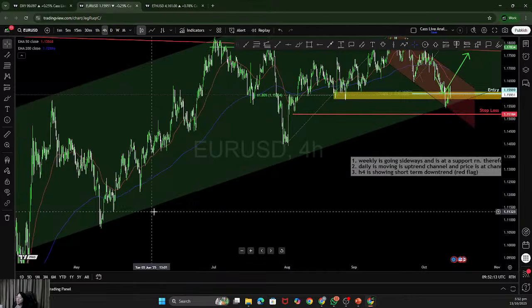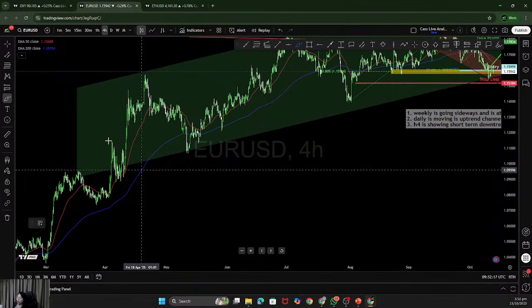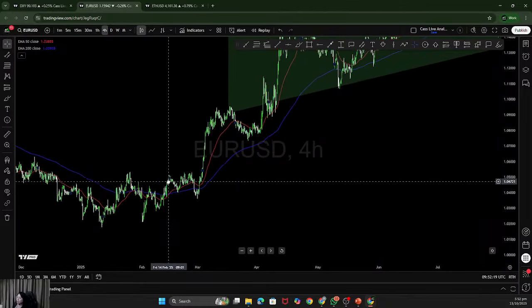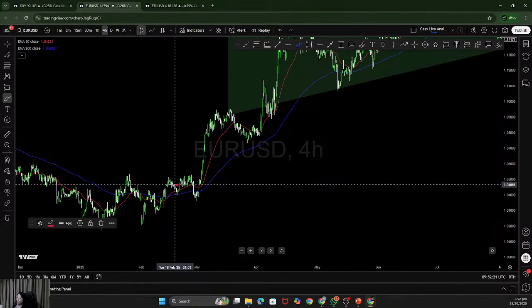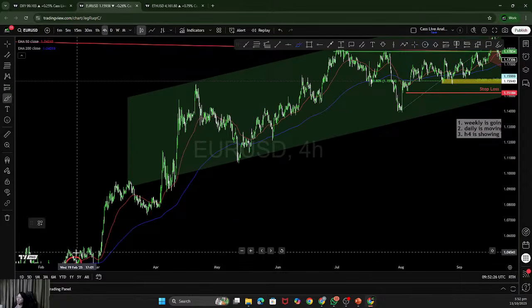If the red is moving above the blue, it means that we are on an uptrend. Okay, so you guys can see here for the longest time, the red was moving above the blue and price just kept going up.